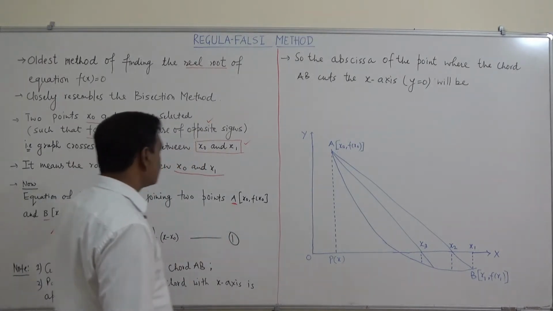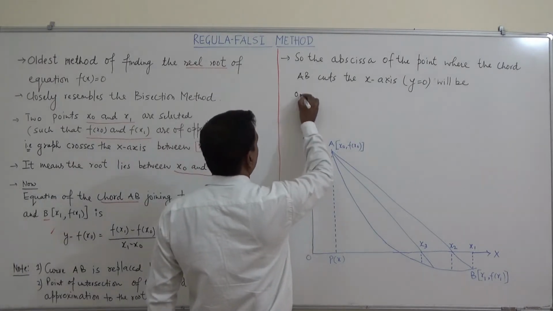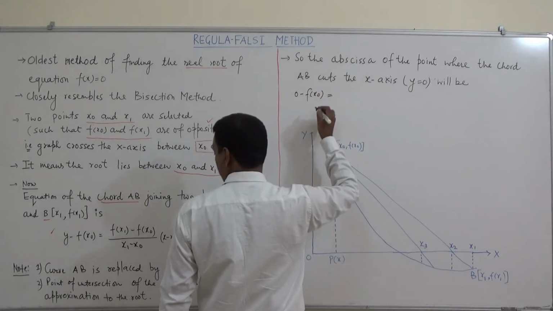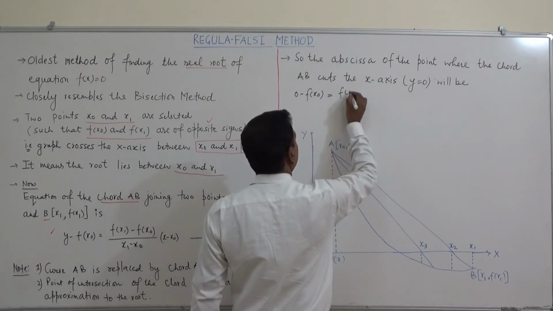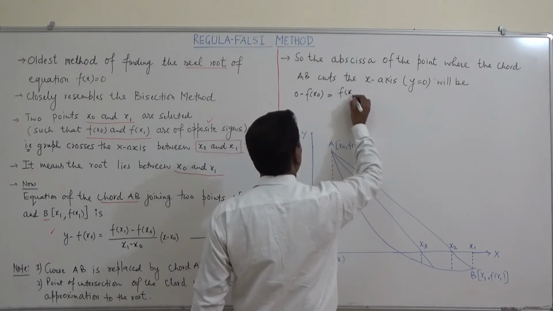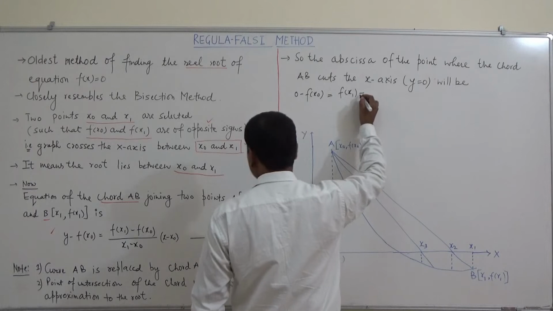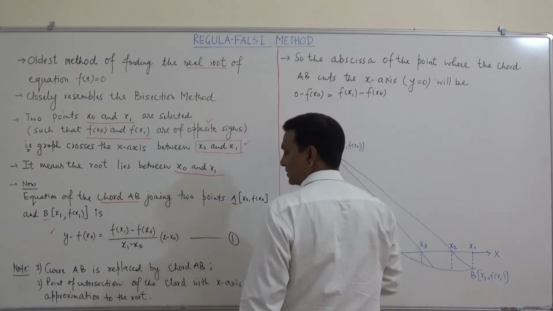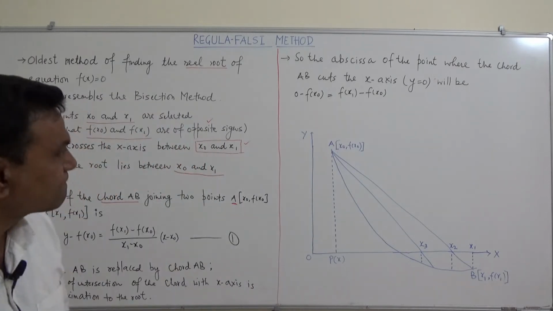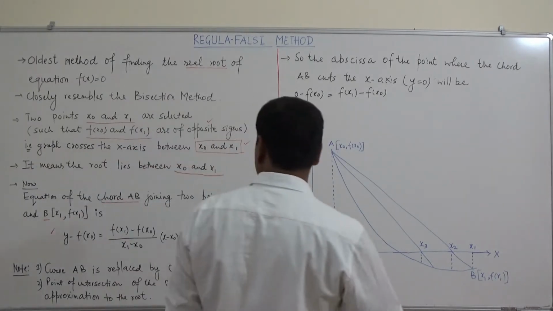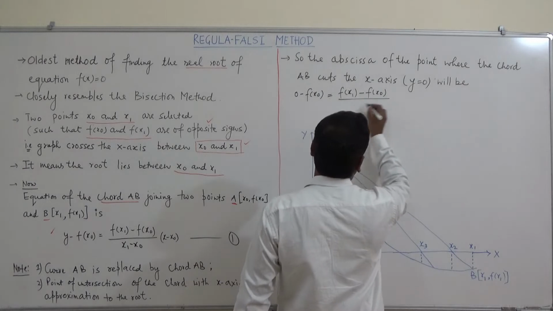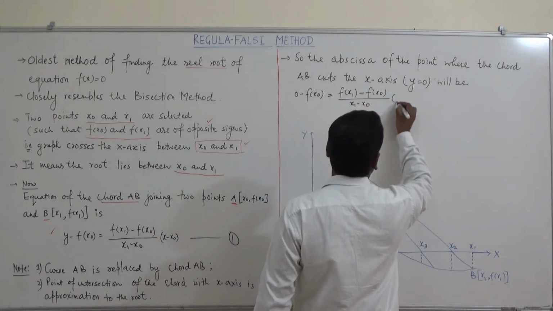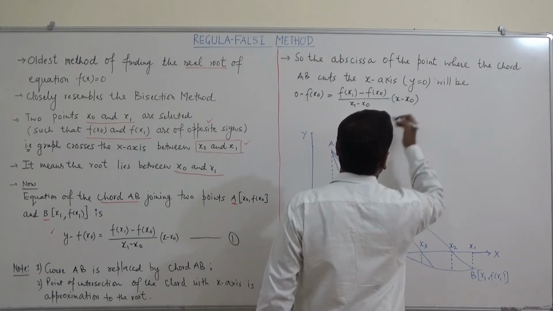So it gives 0 minus fx0 equals to fx1 minus fx0 divided by x1 minus x0 into x minus x0.